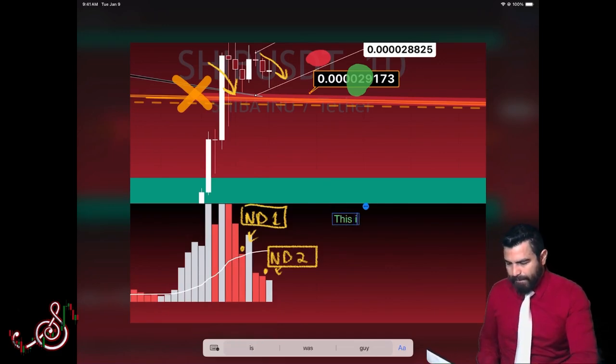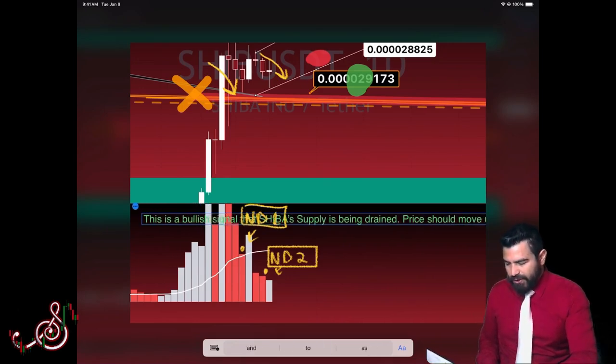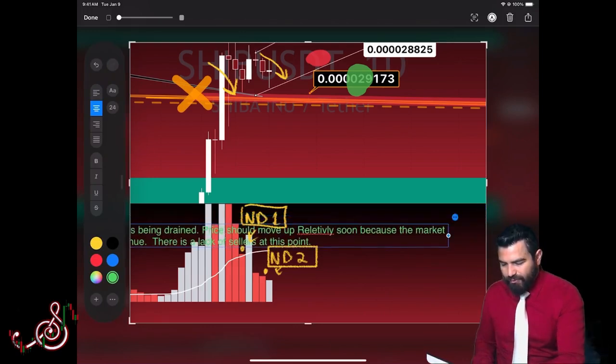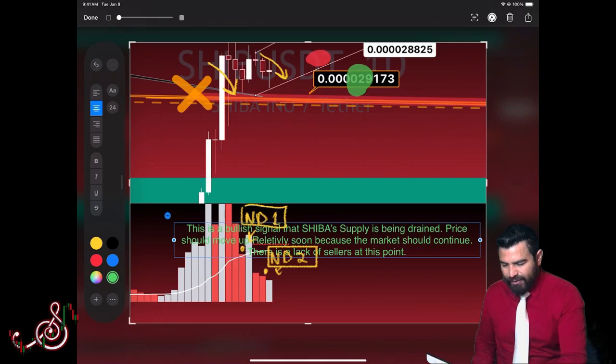This is a bullish signal that Shiba's supply is being drained. Price should move up relatively soon because the markup should continue. There's a lack of sellers at this point. Okay, so this is what I'm really expecting, and today it's even stronger.